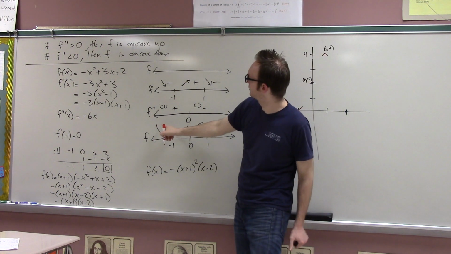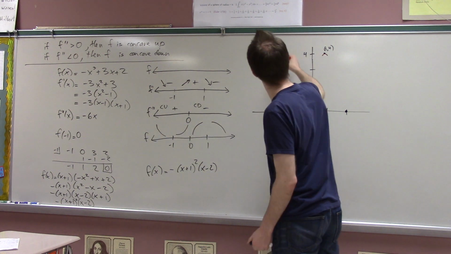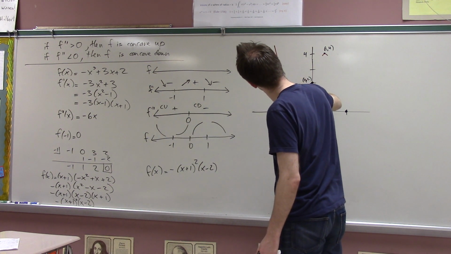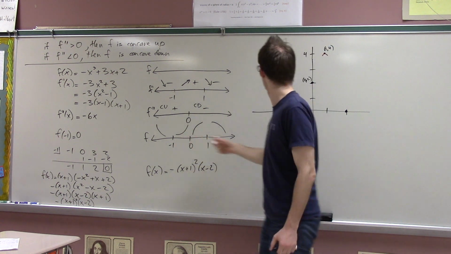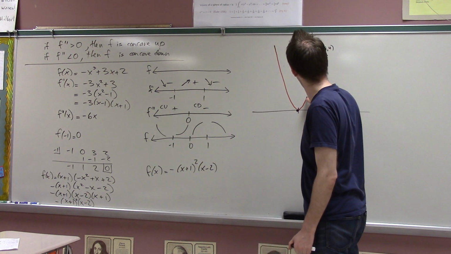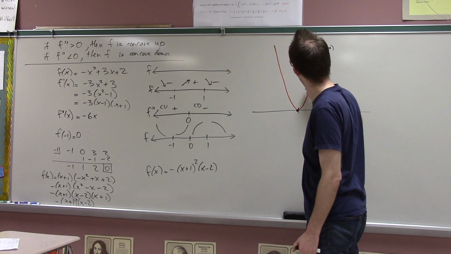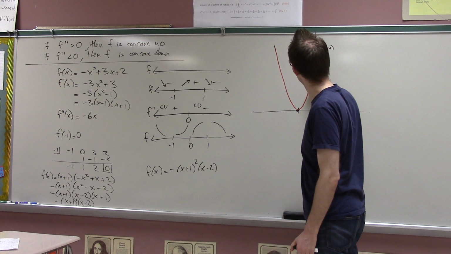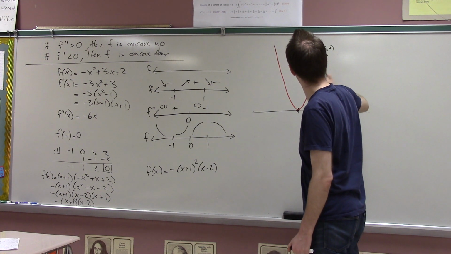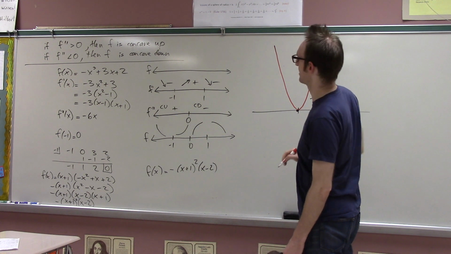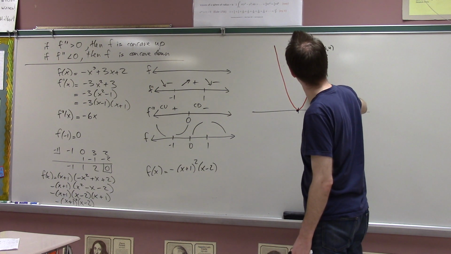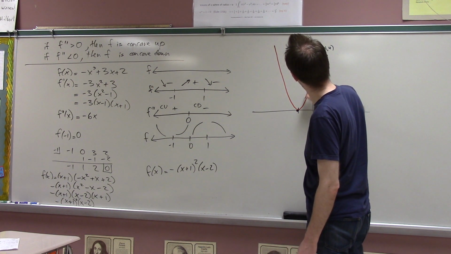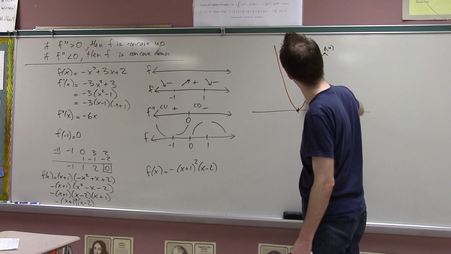It is decreasing concave up until negative 1. Then from negative 1 to 0, it's increasing concave up. And then, like, is this kind of weird point, it's hard to draw this, at which my function goes from being concave up to concave down.